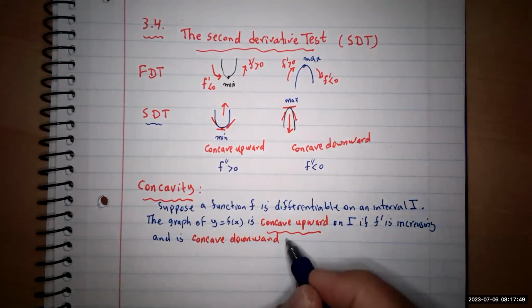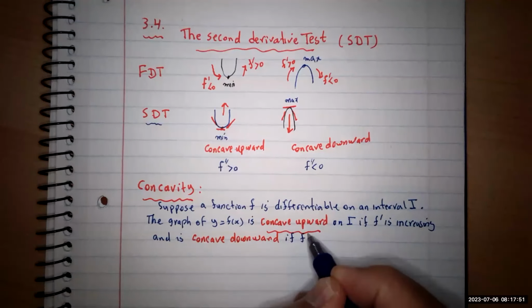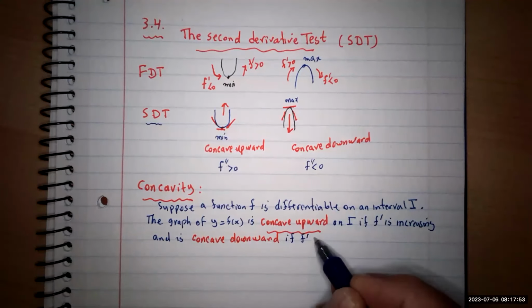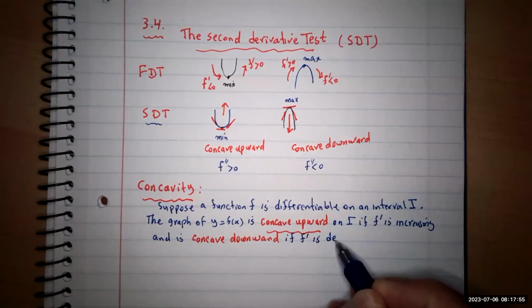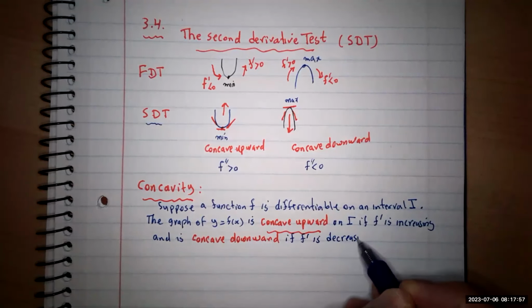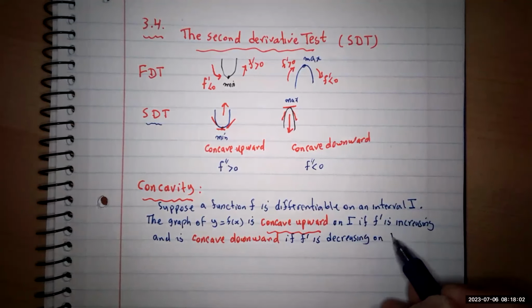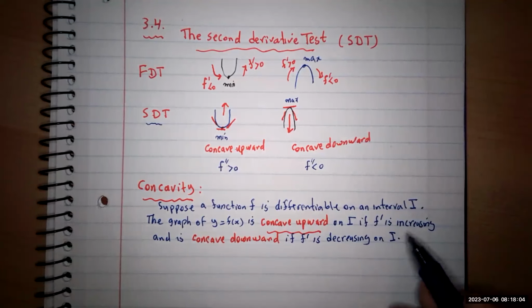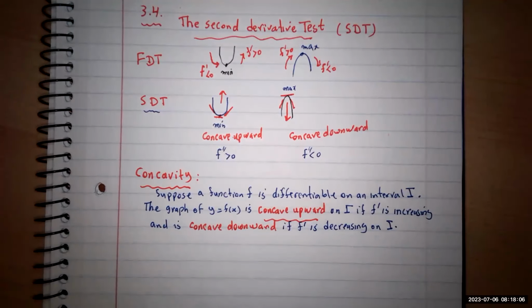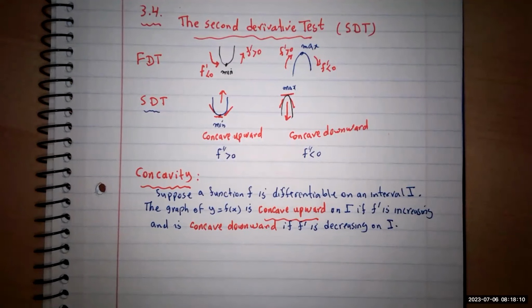If f prime is decreasing, the graph is concave downward. That is one way to define it. F prime increasing is up, up, up as you go on, and decreasing is going to be down, down, down.